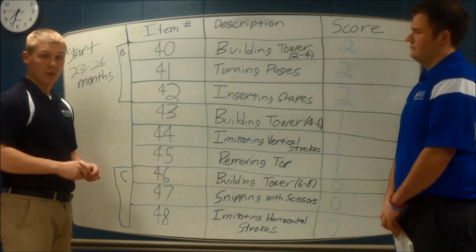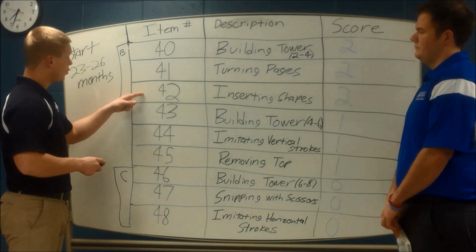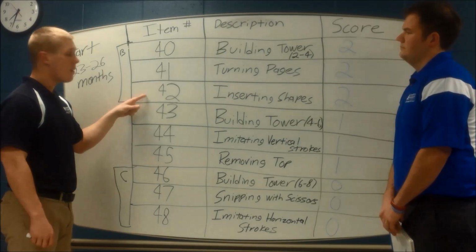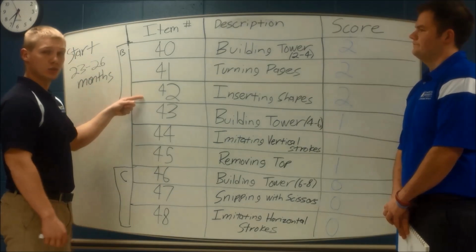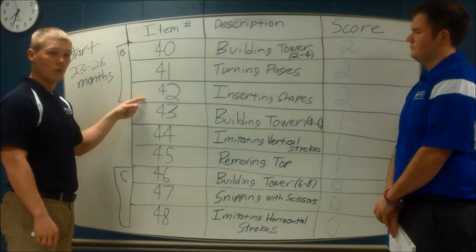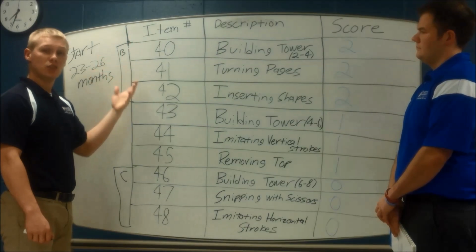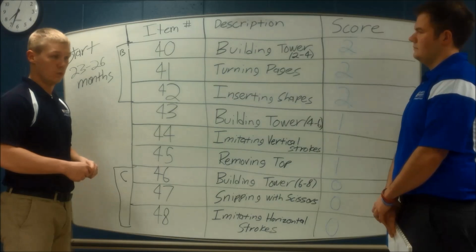Now to score. Any items below item 42, or the basal level, are all scored a 2. So items 42, 41, 40, and item 39, and so on would all be 2.